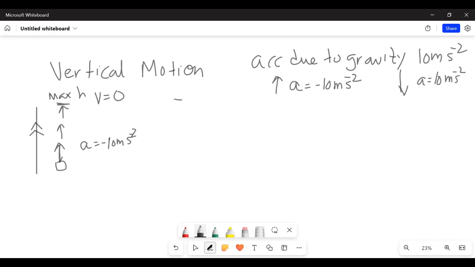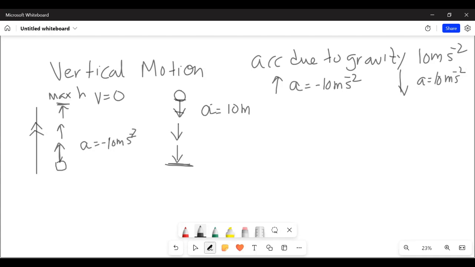And when the same object is going downwards, then it is accelerating. Its speed is increasing. So it's going to be plus 10 meters per second square. Also, when an object is moving downwards, then its initial speed is 0. Same as this.